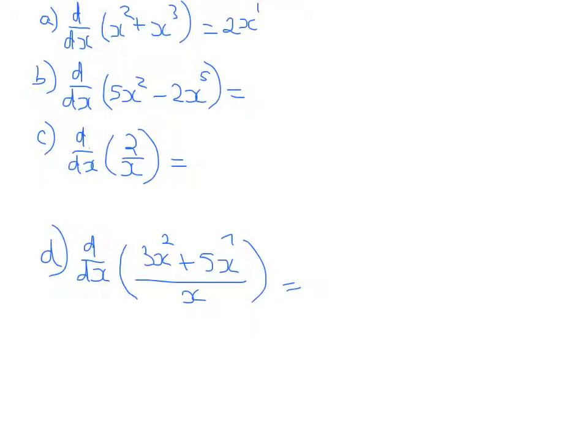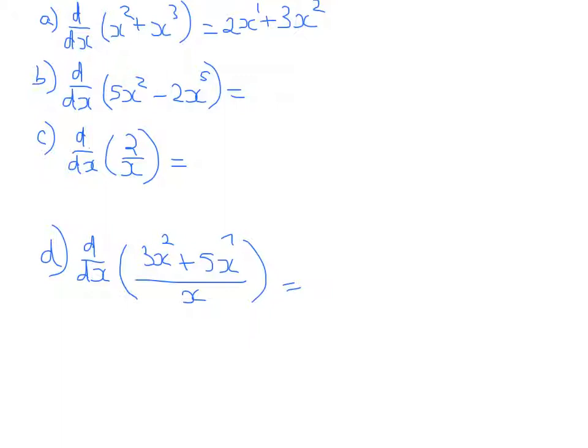So 2x to the 1, we don't really need that 1, plus, swing the 3 to the front. If there's a constant there, we times by it, write down the x and reduce the index by 2. Next one, 2 terms again, 5x squared.